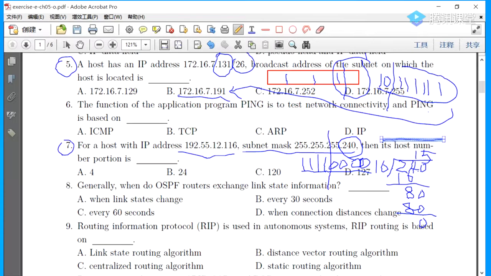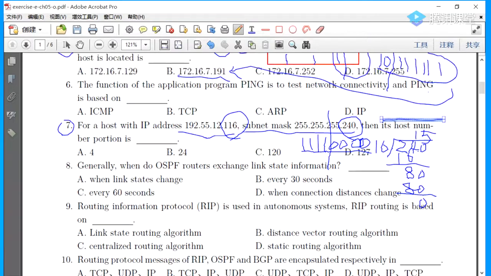So the boundary between the prefix and the host portion is located here, right? All 1s mean the prefix. All 0s mean the host portion. So we should determine 116's binary notation.